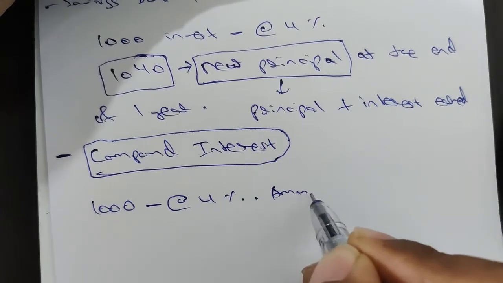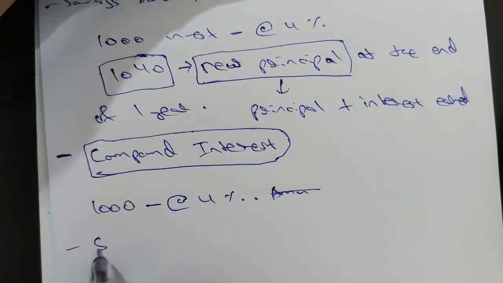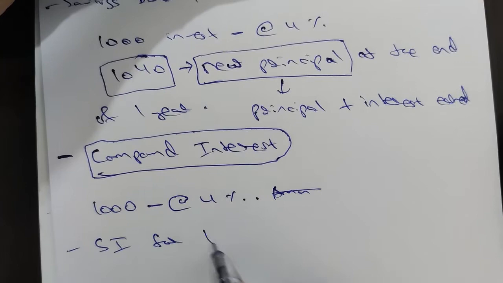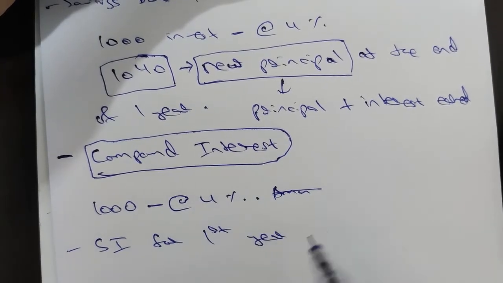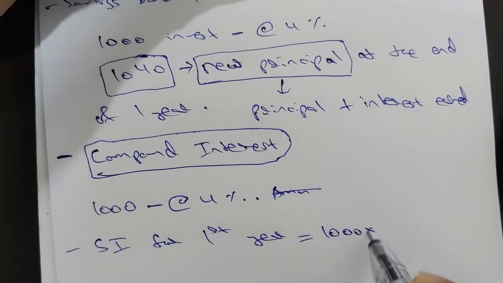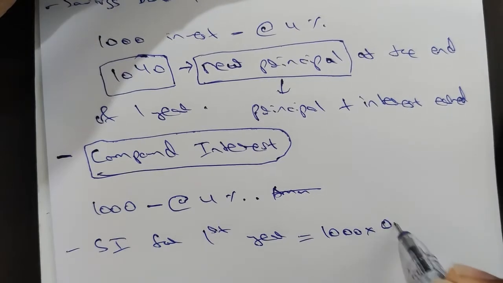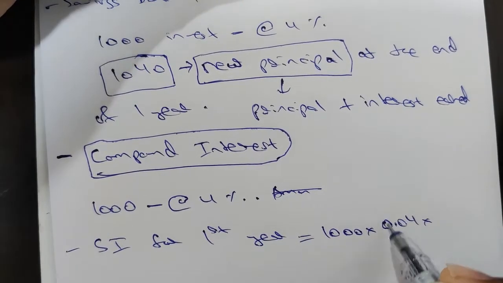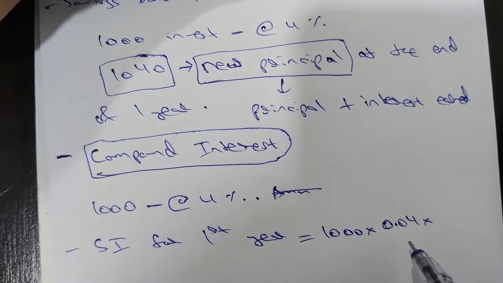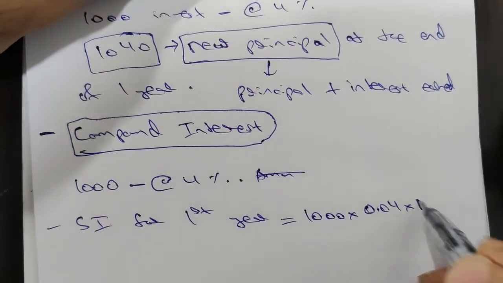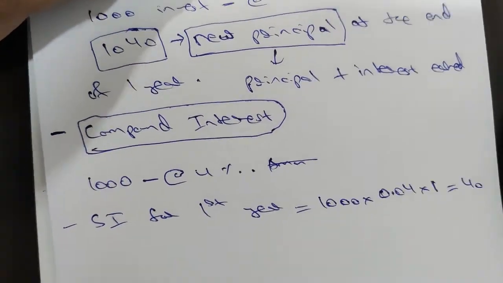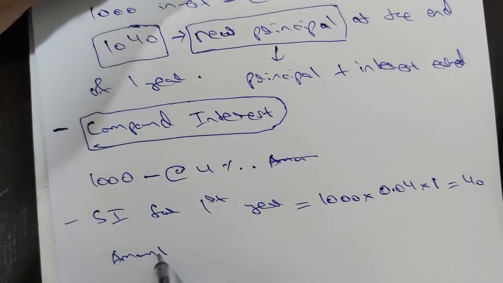What would be the simple interest for the first year? It will be 1000 into 0.04, basically 4 by 100 into 1. So 40 rupees.